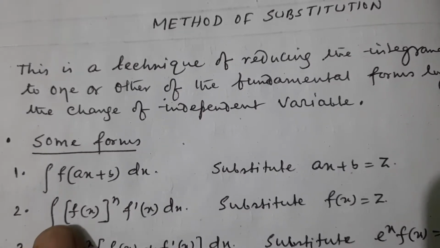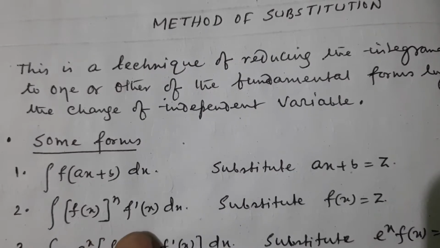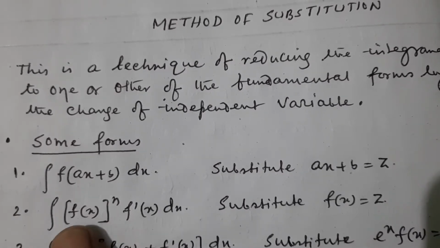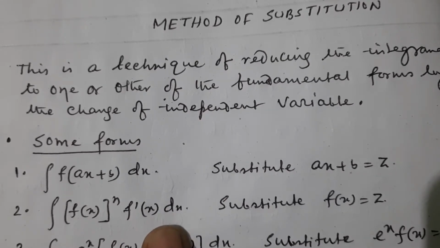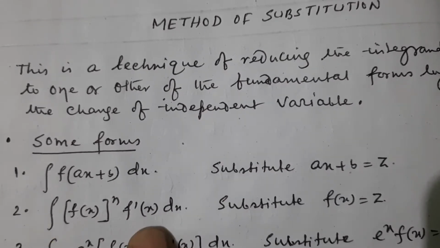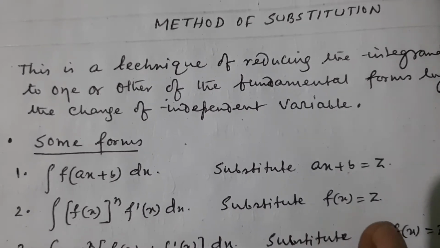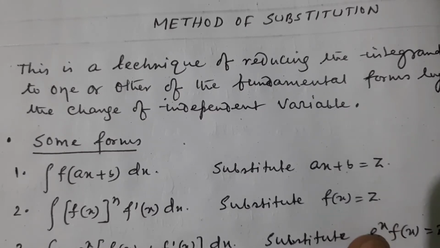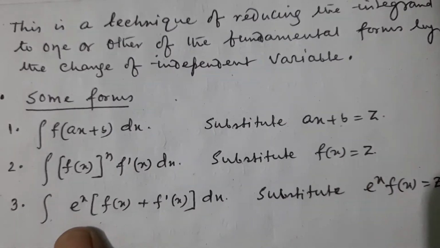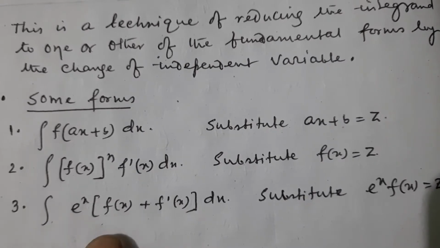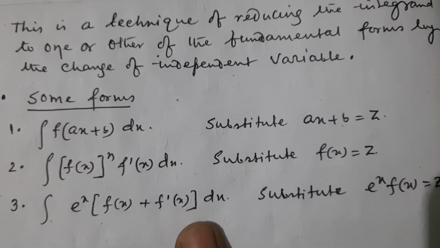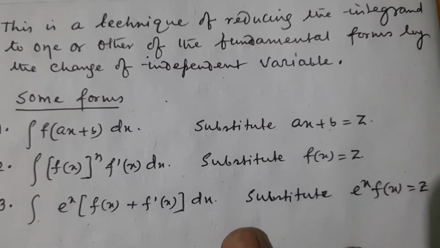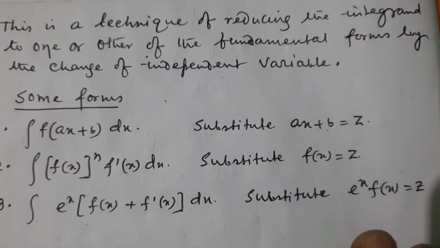Second, if the integrand is in this form, such that [f(x)]^n into f'(x) dx, we substitute f(x) equals z. Third form, integration of e^x [f(x) plus f'(x)] dx, substitute e^x f(x) equals z.